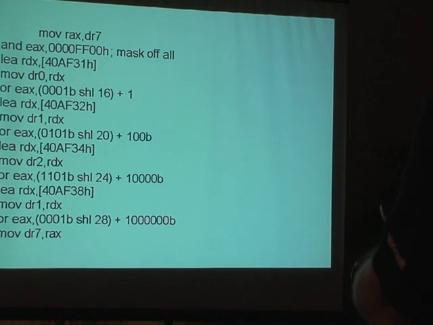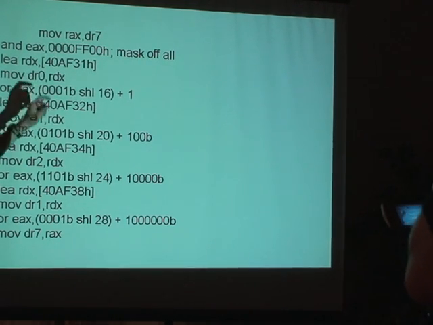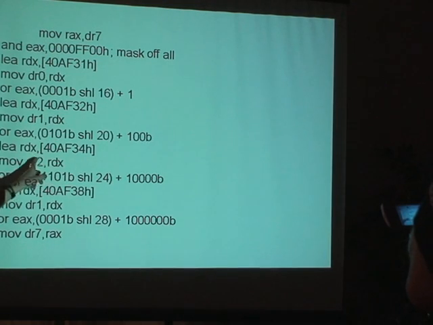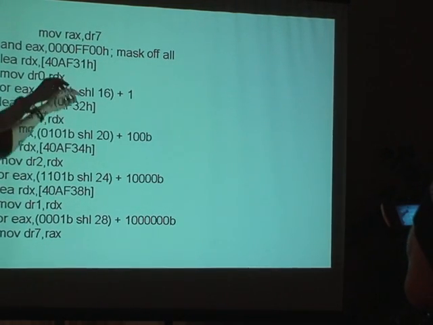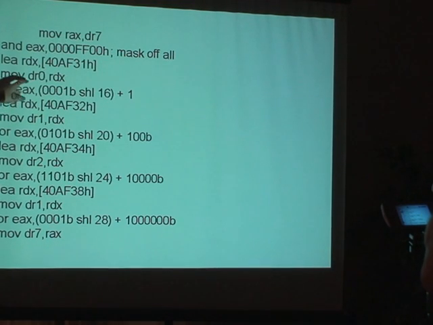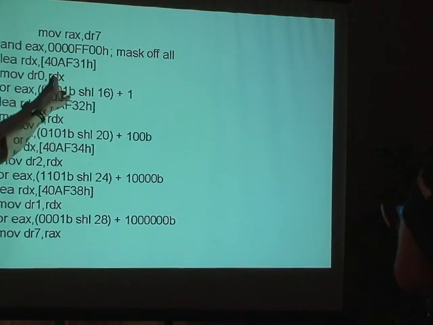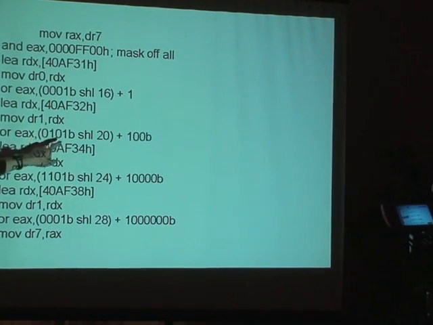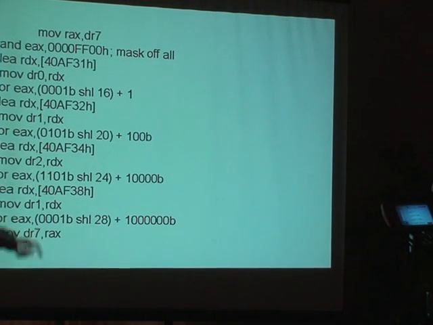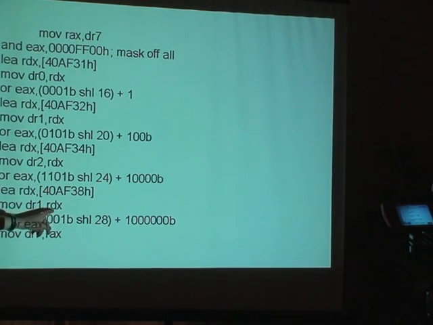So this is the sample showing how to set these 4 hardware breakpoints to cover this quad word memory range. We read debug register 7, we mask off everything. Then we load debug registers 0, 1, 2 and 3 with the corresponding addresses. And we set on the corresponding bits in debug register 7. These bits for debug register 0, these bits for debug register 1, these bits for debug register 2, and these bits for debug register 3.